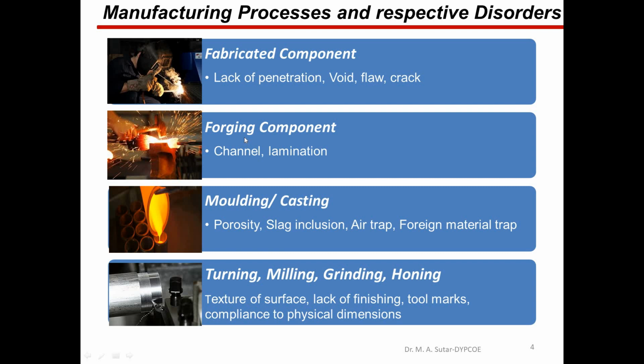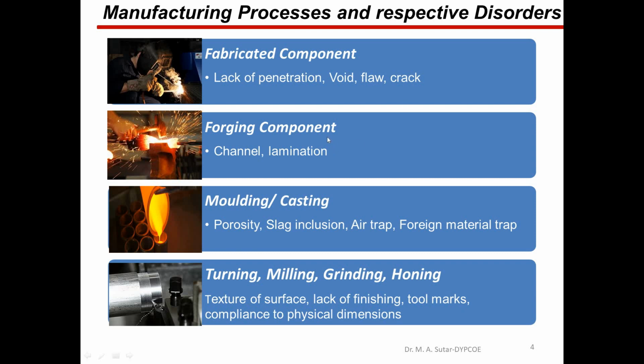One should take into account that any type of fault or disorder is inherent to that particular manufacturing process. For example, whenever we are talking about a fabricated component, that is a welding component, it is inherent that lack of penetration, flaws and cracks will be there.